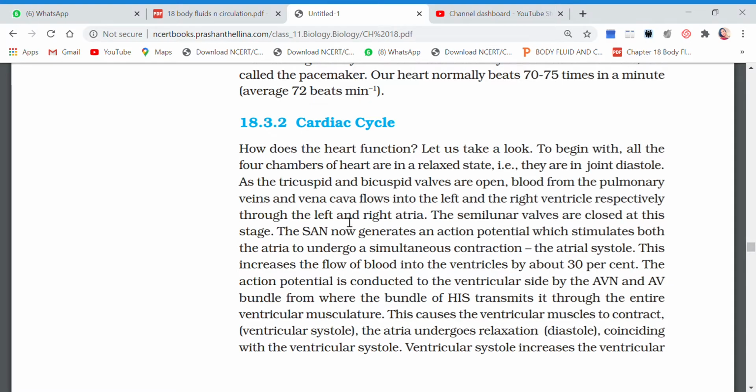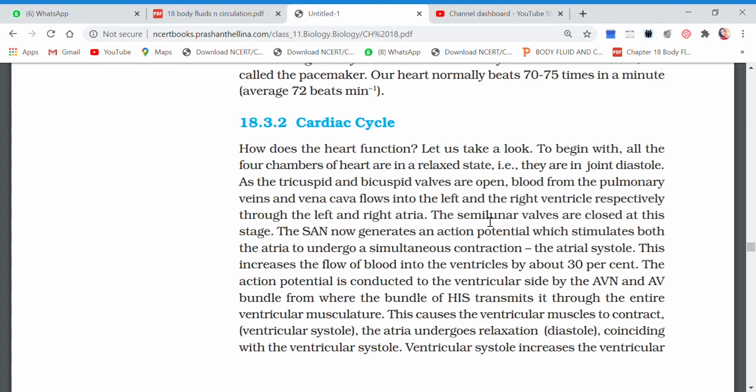Now at this point of time, when this is going on, the semilunar valves are closed. I am repeating once again, children. All the four chambers of the heart are relaxed. Both the tricuspid and bicuspid valves are open, but the semilunar valves are closed.